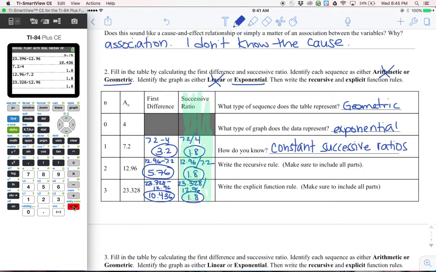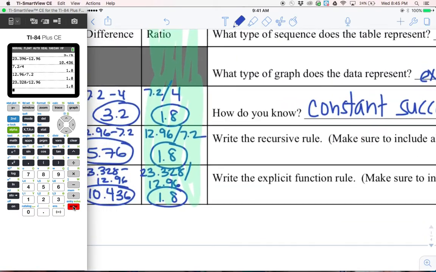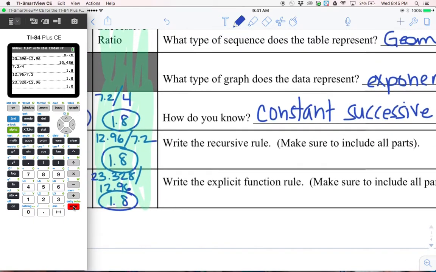All right, write the recursive rule and make sure to include all parts. Here's the part where you guys feel like you struggle a little bit. Recursive rule means that you have to have the previous number determining the number that you're on. The way that I like to do mine, and there are a couple of ways you could possibly do this, is I like to start with a sub n, so the term that we're on is equal to the previous term, so a sub n minus 1.